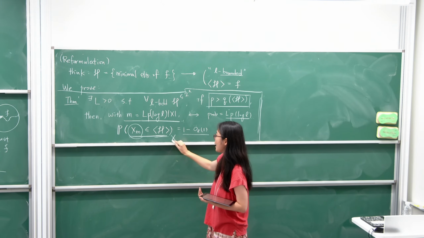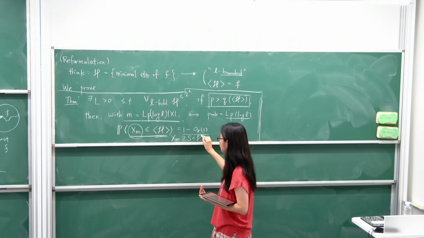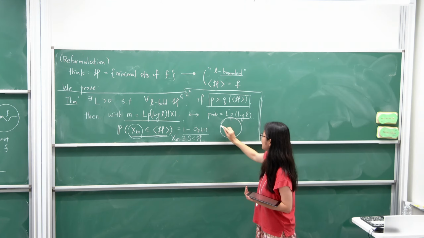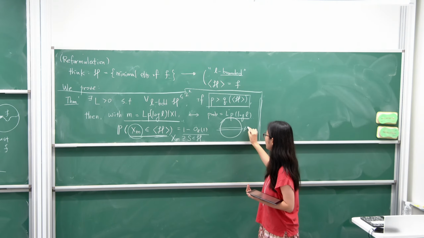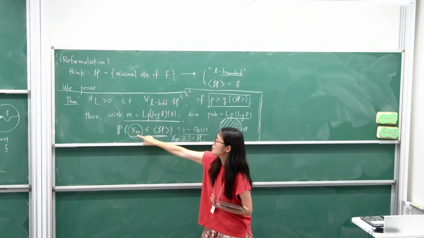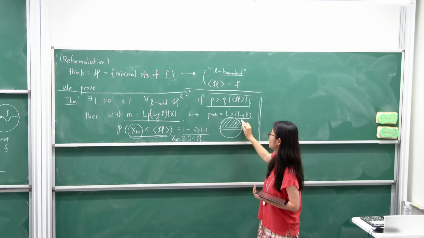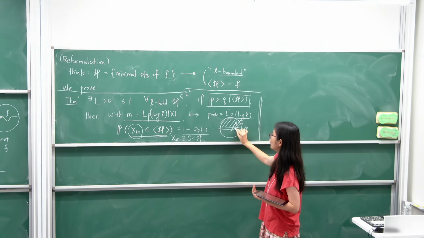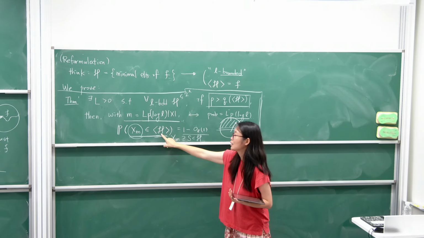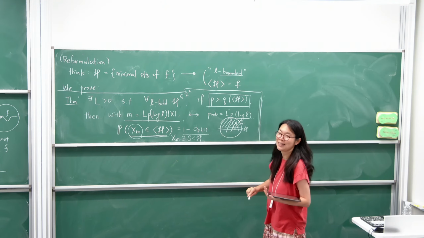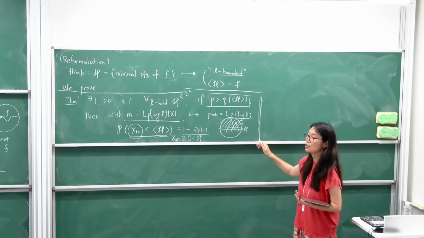This means Xm contains some member of H. This is our H, and the offset generated by H is this, and this means Xm is somewhere here. So if you look down, Xm contains at least one member of H. That's the meaning of this. So if Xm is larger, it's more likely that Xm contains a member of H.